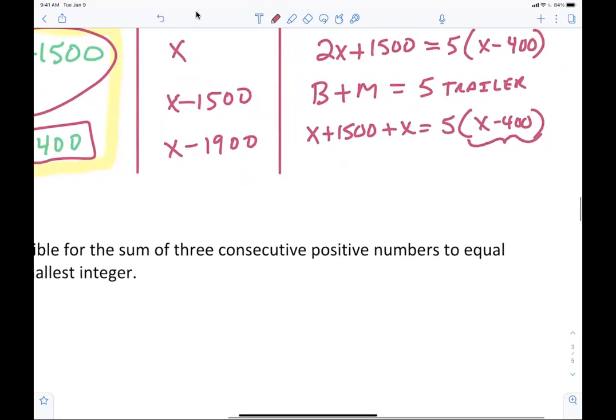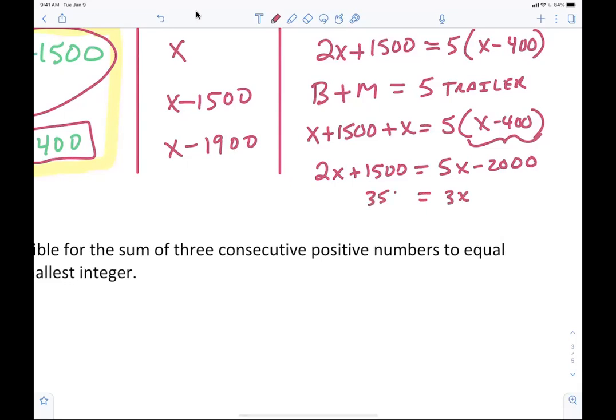All right, so now we're going to solve that out real quick. So 2X plus 1,500 equals 5X minus 2,000. So it looks to me like 3X is equal to 3,500.